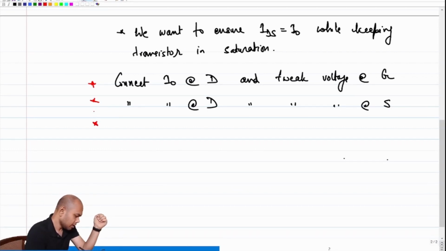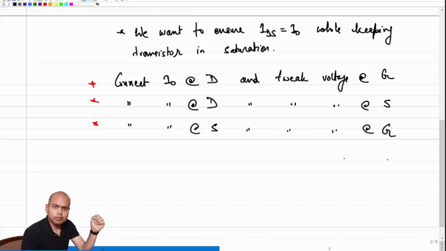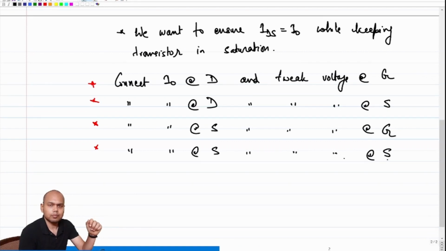Similarly, there is another option of connect I naught at source and tweak voltage at gate. Correct. And what is the last option? I'm just writing out the permutations. Connect I naught at source and tweak voltage at source. Right?